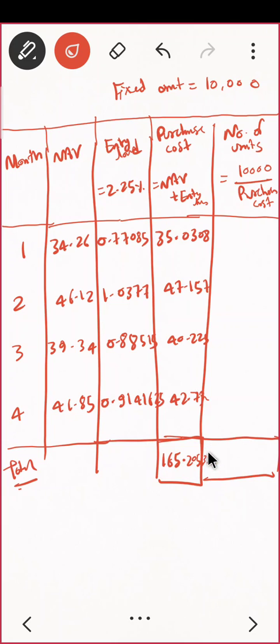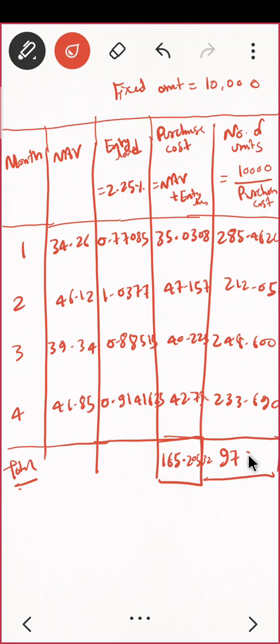For the number of units, we divide 10,000 by each price. You'll get 285.46267, 212.054, 248.600, 233.690, and the total will be 979.80 and some more.